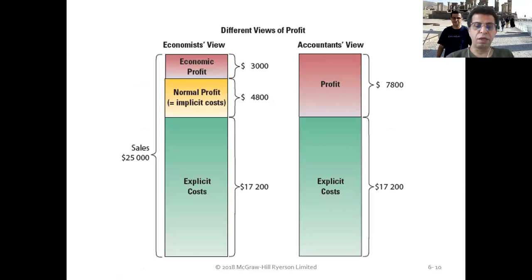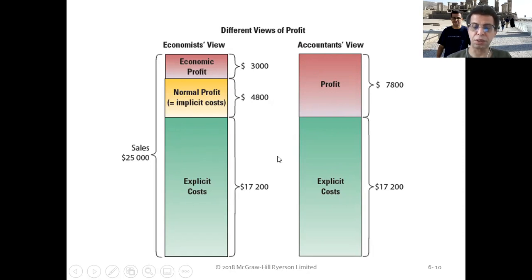And if you look at it here, another example to look at it differently, say in the accountant's view, your revenue is 25,000, your explicit cost 17,200, so you end up with a profit of 780. On the other hand, in the economics view, you're still investing 25,000.